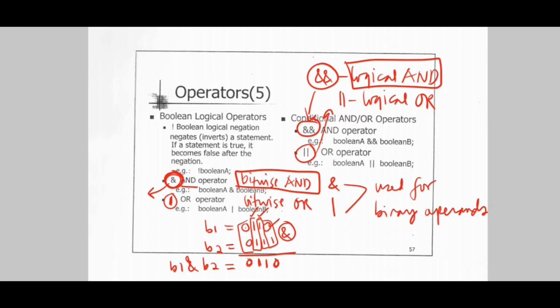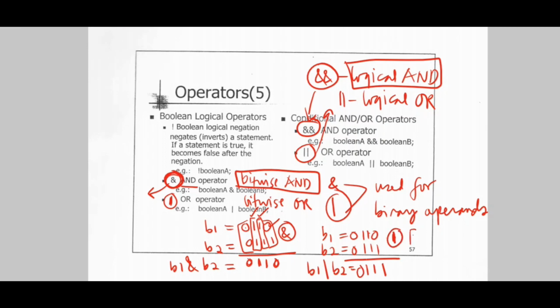Now the same is true for the bitwise OR. If we have B1 equals 0110, and B2 has the binary value 0111, and we perform the bitwise OR, B1 or B2, 0 or 1 gives you 1. 1 or 1 gives you 1. 1 or 1 is 1. 0 or 0 is 0.